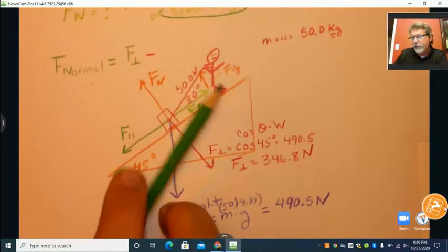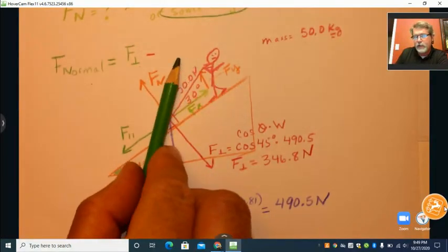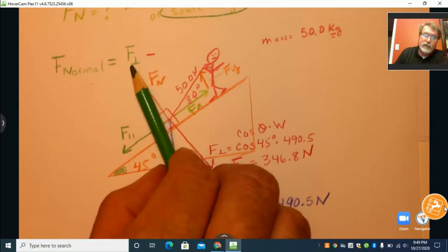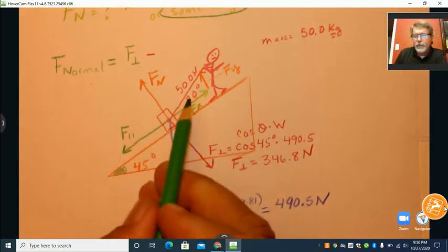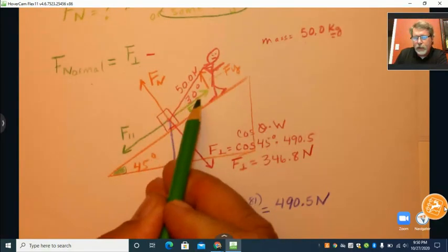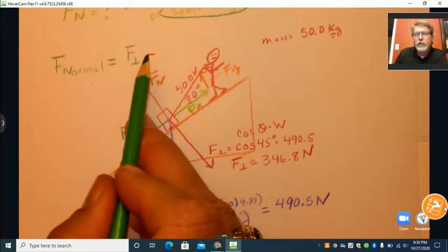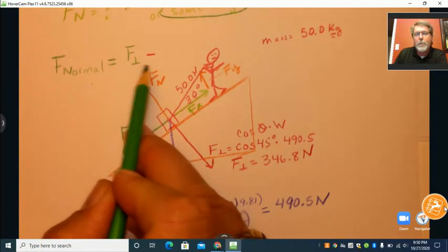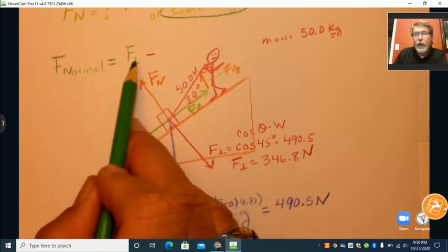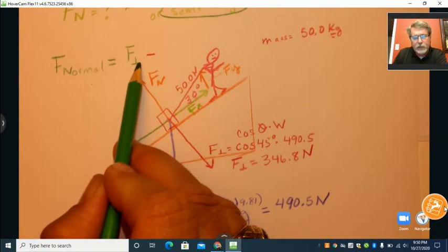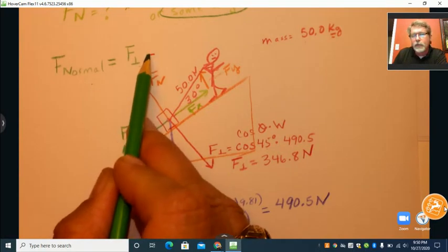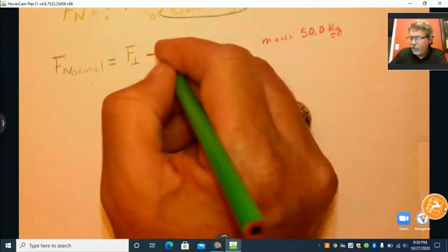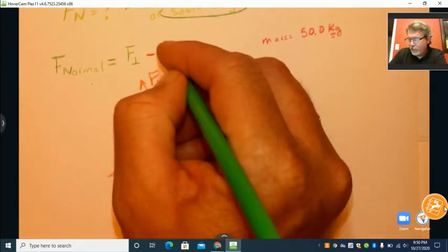What would happen if this 30 degrees got to 60, 70, 80? He eventually is just picking it straight up off. So again, as you lift at some angle, you're decreasing the force normal by that amount. So you thought it was equal to force perpendicular, but now you realize that it's decreasing by F of Y.